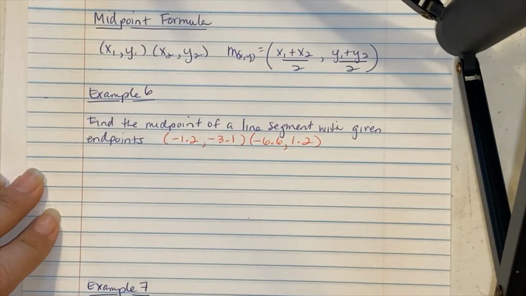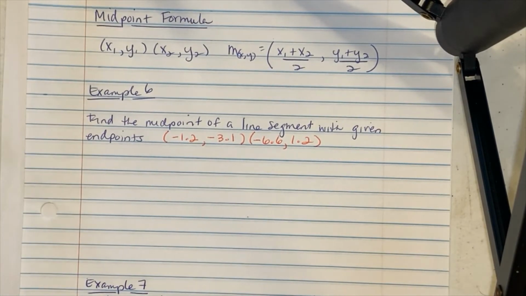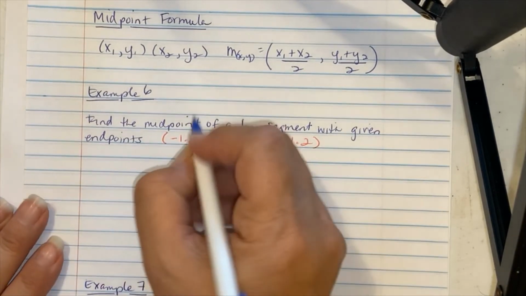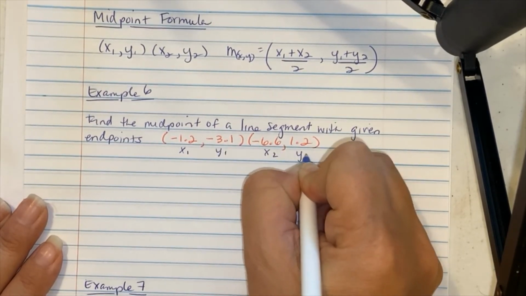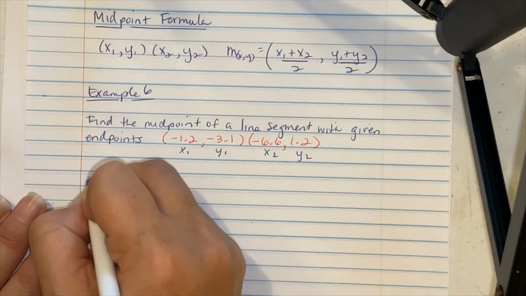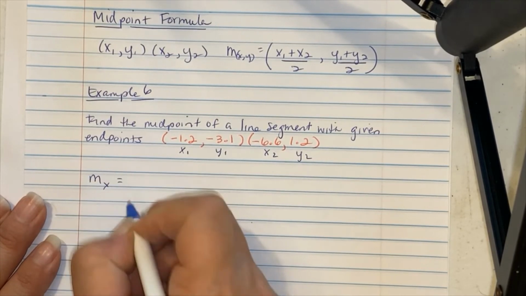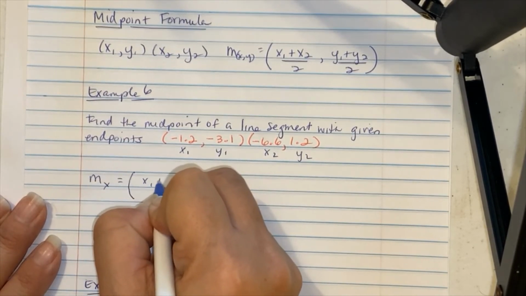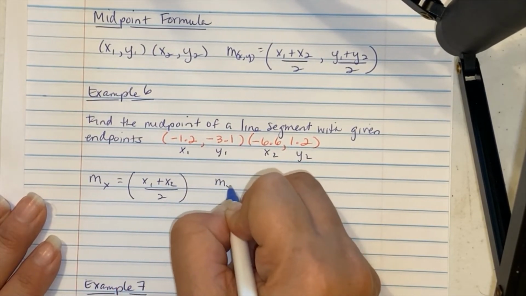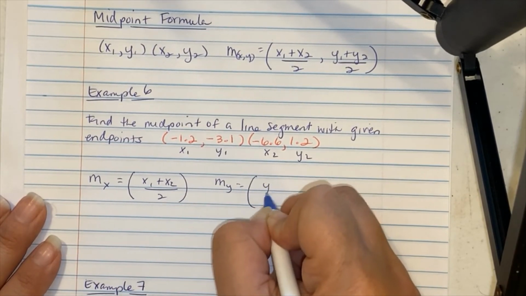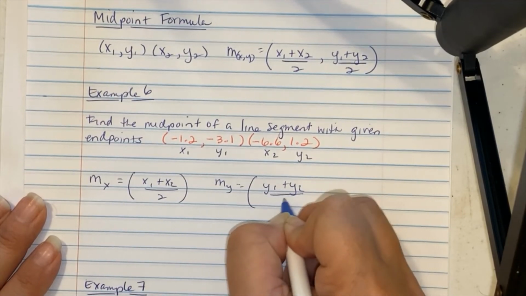So first thing we're going to do is we're going to label this as x1, y1, x2, y2. So I want to find the midpoint of x. So x1 plus x2 divided by 2. And then the midpoint of the y, y1 plus y2 divided by 2.